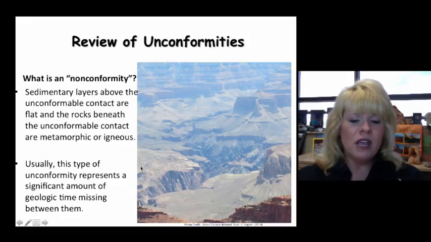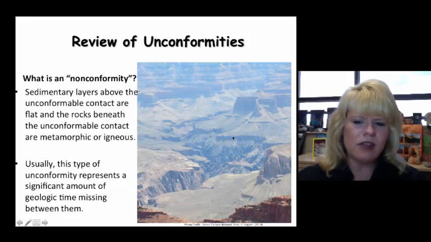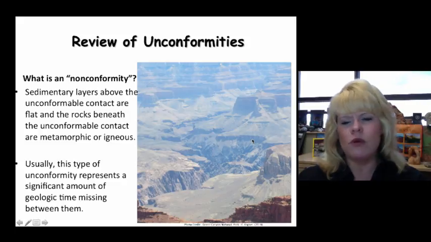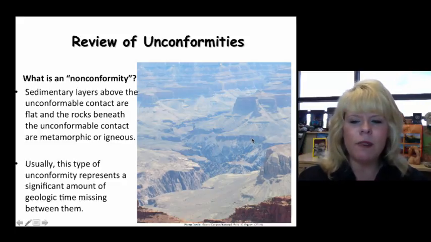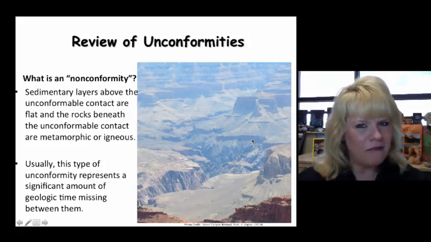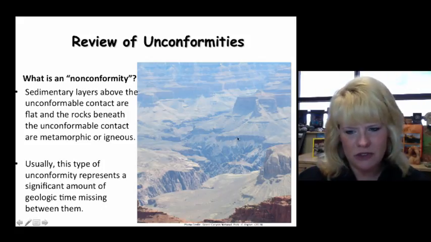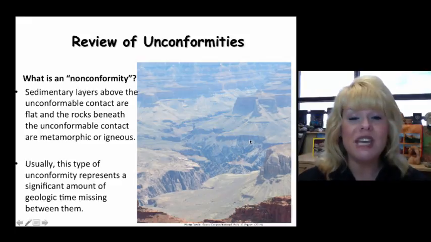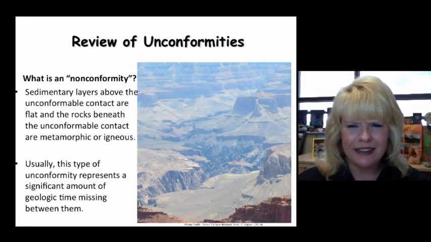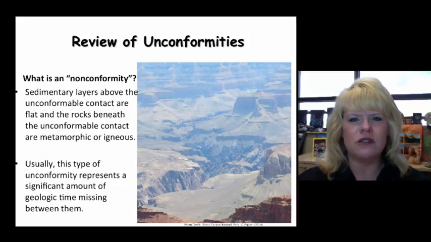In other words, all this stuff in the Grand Canyon's Precambrian, and directly above it, we've got Cambrian age rocks. We're going, well, that's in sequence, Precambrian to Cambrian. Not so quick to judge that, because the gap between this right here, this unconformable contact, is 1.2 billion, with a B, billion years of missing time.